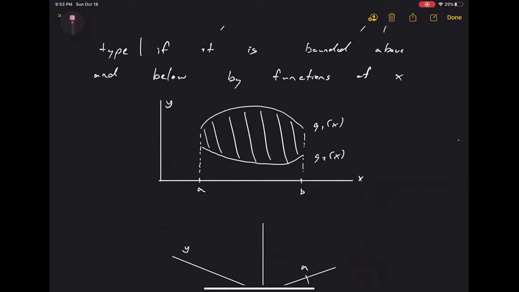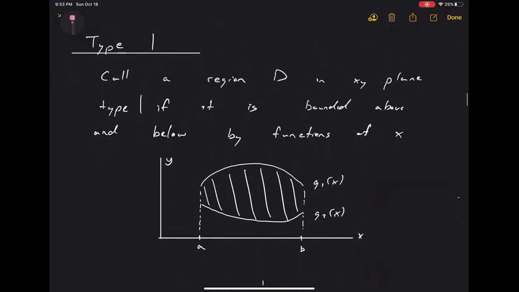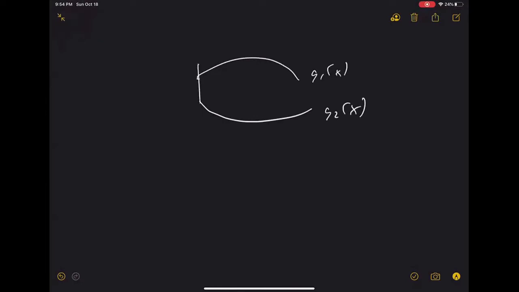When we're describing a domain, that's what we need: something above, something below, something to the left, and something to the right. In type 1 domains, our upper and lower bounds are written as functions of x, and our left and right bounds are just going to be constants, like a to b.